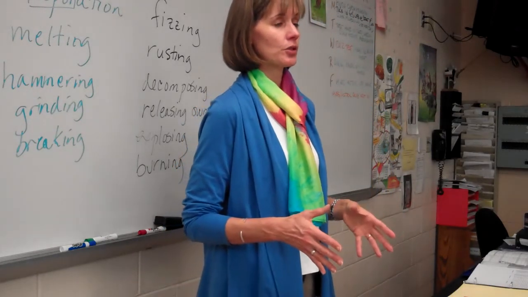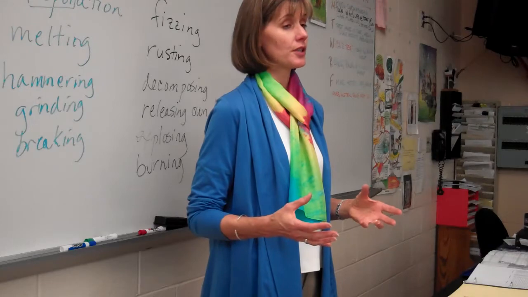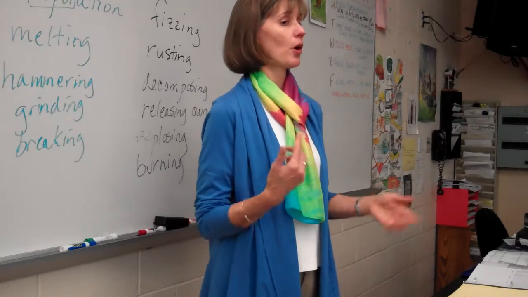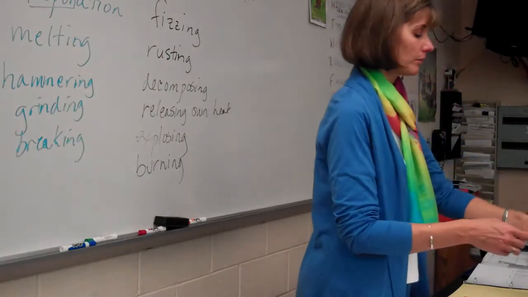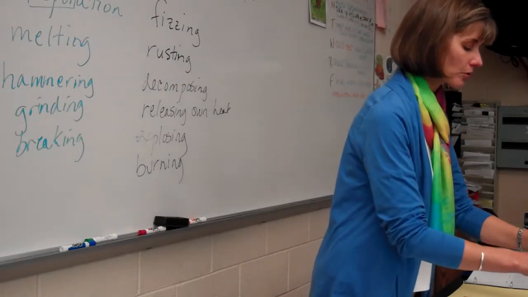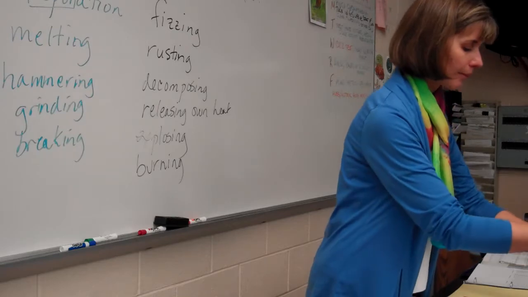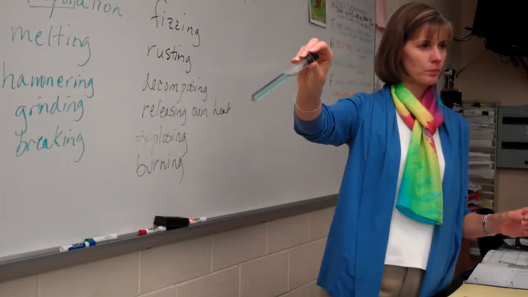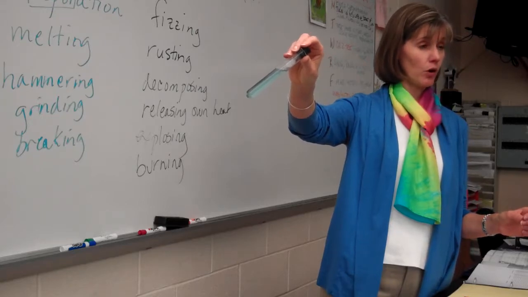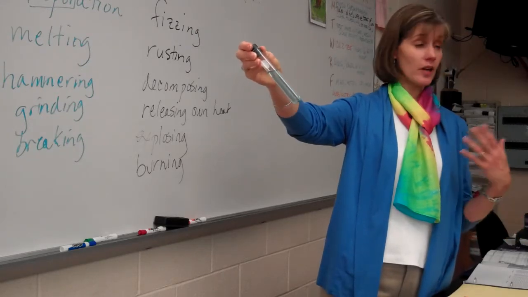But heterogeneous and homogeneous mixtures, their appearance is very different. Homogeneous looks the same all the way throughout. And in a heterogeneous one, you can see the different parts. So I had that solution of copper sulfate, which is just a blue solid dissolved in water.